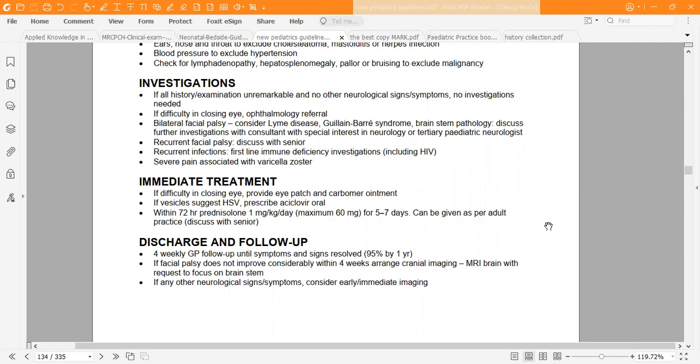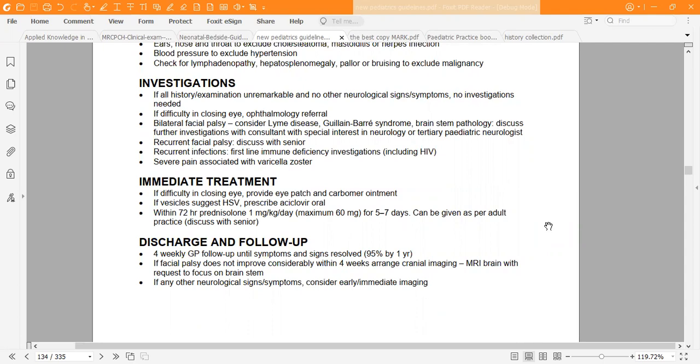So facial palsy symptoms will take up to 1 year to resolve by 95%. So after discharge, he will follow up with his GP every 4 weeks.